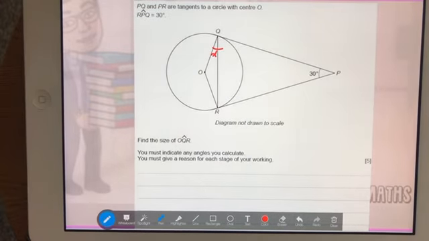Call that angle X. Last minute on this, guys.